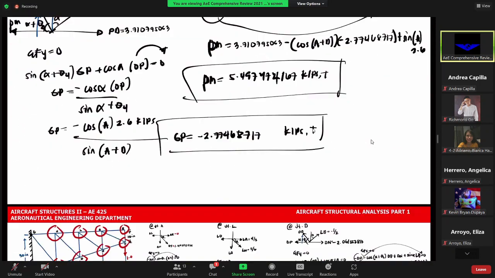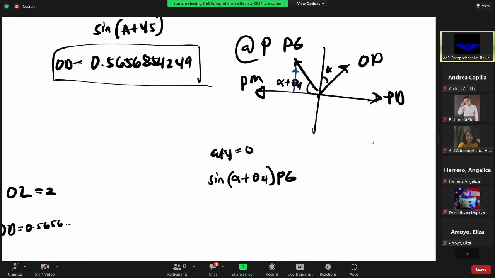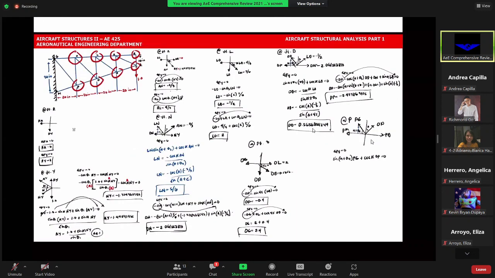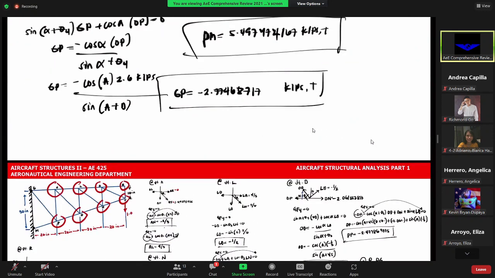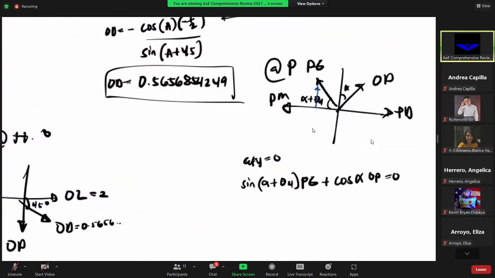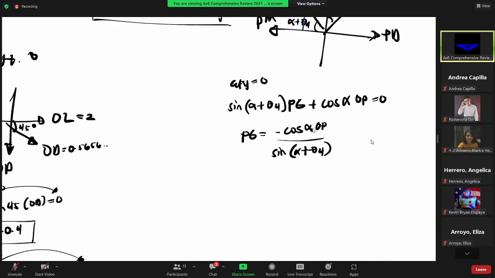Okay? So PG, again, balik tayo dito, PG plus cosine alpha OP is equal to 0. And then PG is equal to negative cosine alpha OP over sine alpha plus theta sub 4.